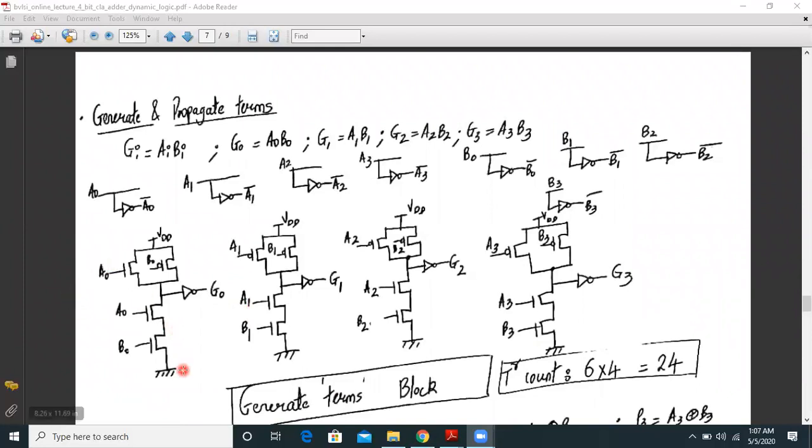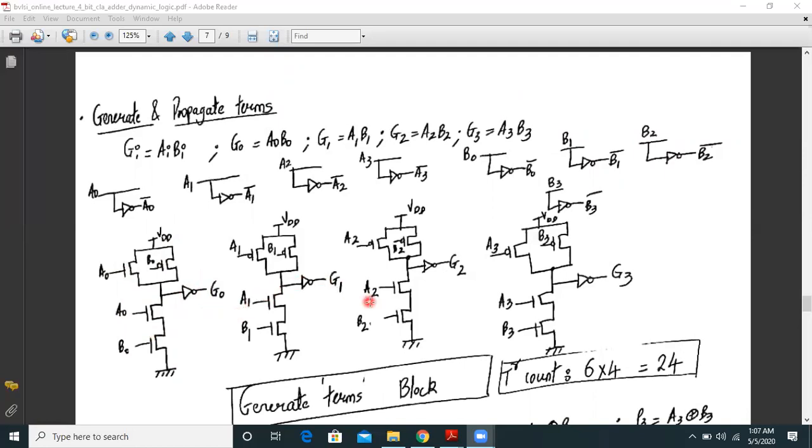It's a simple AND gate. A0, B0 are the two transistors in series with the input, and in the pull-up network, those two transistors will be connected in parallel. The output is G0 bar. So to get G0, we have to connect a CMOS inverter at the output.